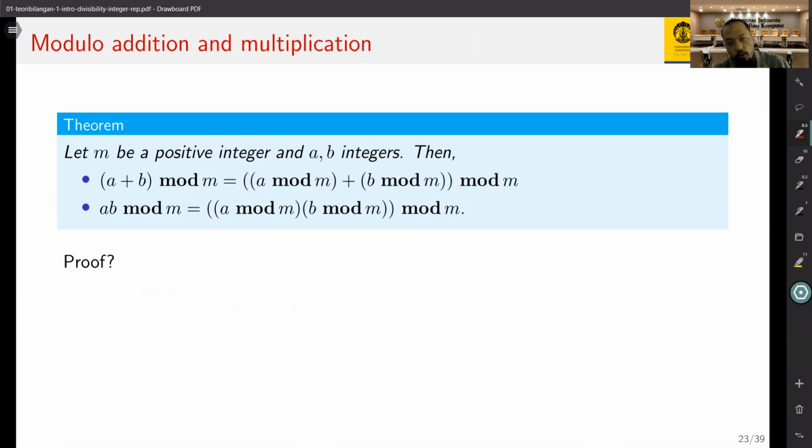Now let's finish up the modular arithmetic with this theorem. This theorem allows us to simplify mod operations.